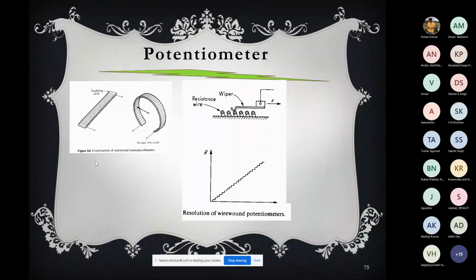Now try to zoom into this one, and you have a wiper moving on this resistance. What is happening?